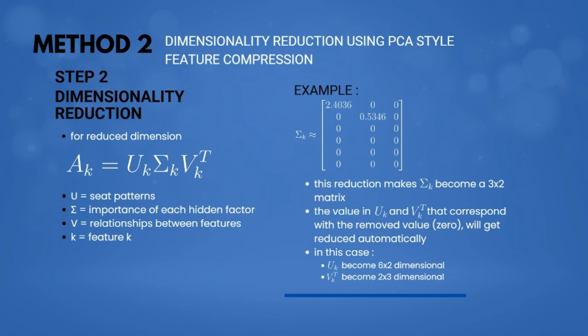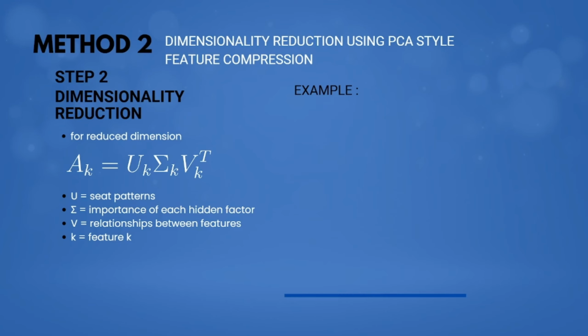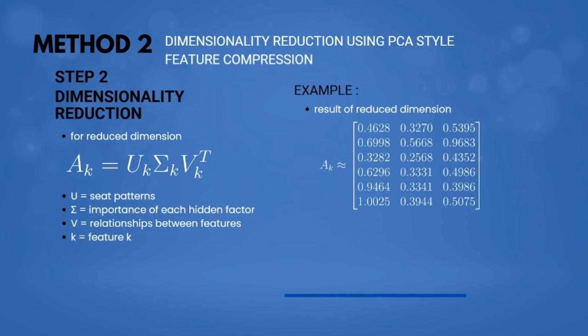This reduces the size of matrices without losing the most important seating information. Now here, we represent the final reduced dimension matrices from the example. These matrices still preserve the main seating patterns but are computationally simpler and more efficient to work with.